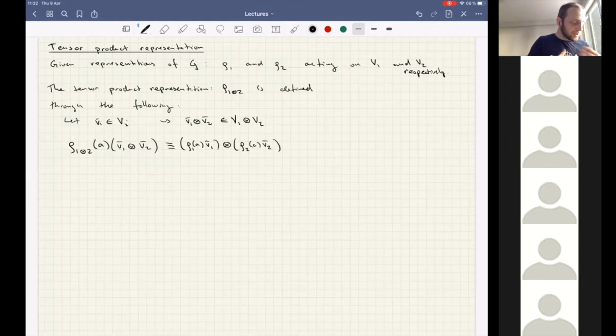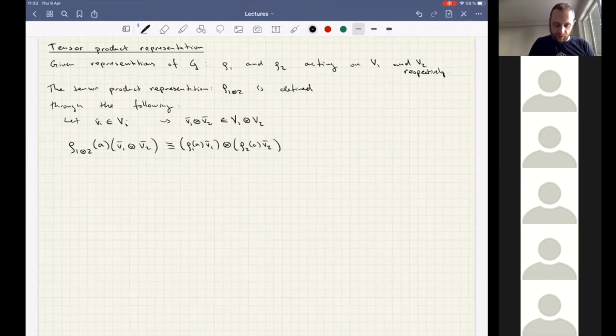Now, this is always going to be a representation, because what we want from a representation is that it's a linear operator, and in this case on this tensor product space, and that we have a homomorphism. So we can check that this tensor product representation actually is a homomorphism.